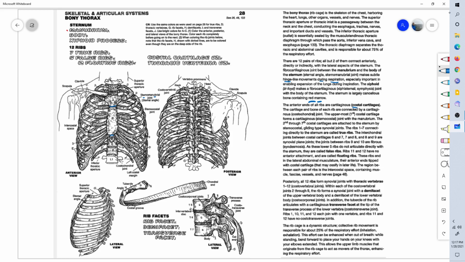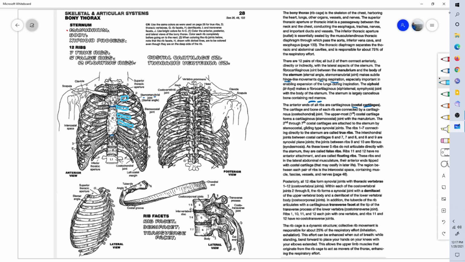Costal means rib, so it's rib cartilage. And in fact, these areas right here do make up a part of the rib, but it's a cartilage portion of the rib. This is not hard bone right here. This is rib cartilage called costal cartilage.